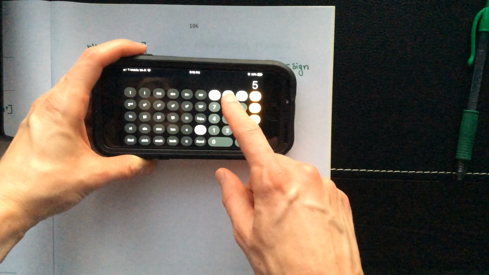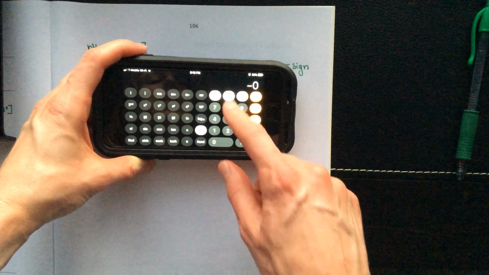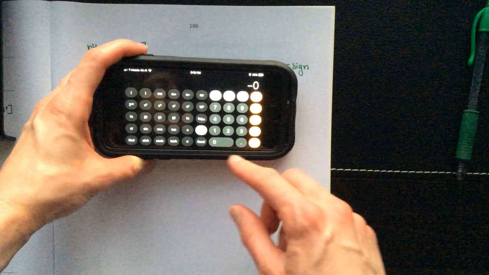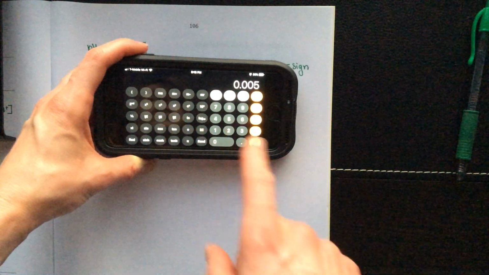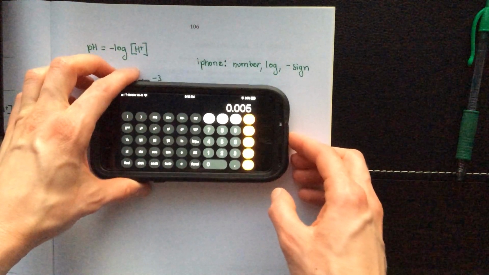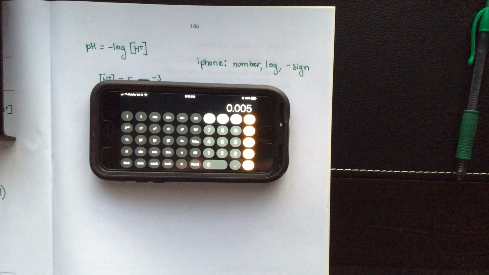So you need to do negative 3, you need to hit this button up here that says like plus/minus. So we've got 5e negative 3. If you hit equals, you'll get 0.005 because that's what 5 times 10 to the negative 3 is.